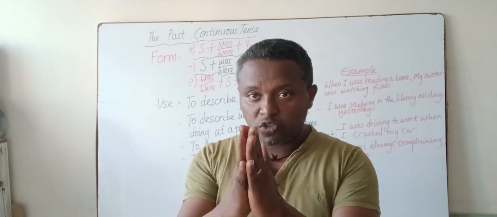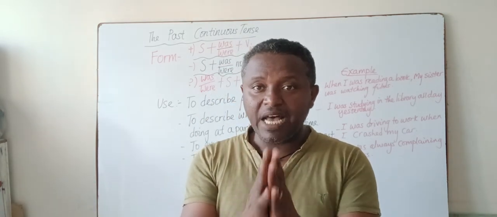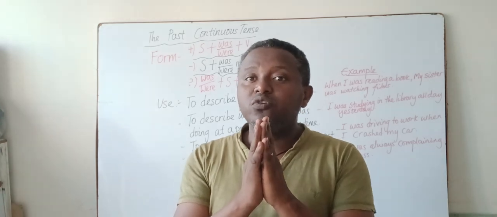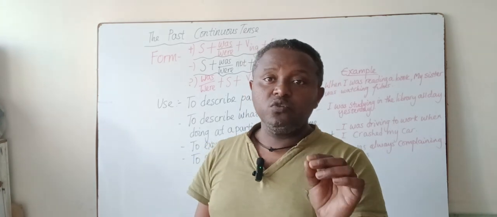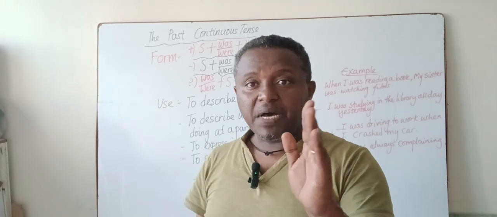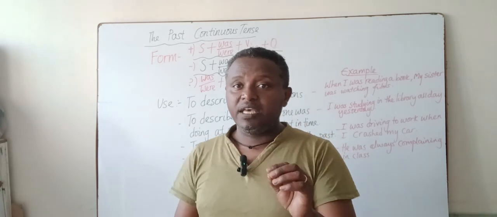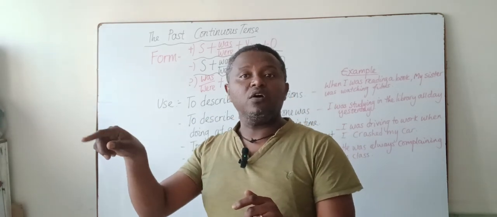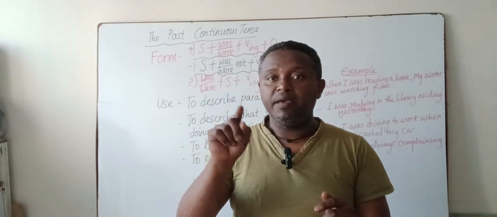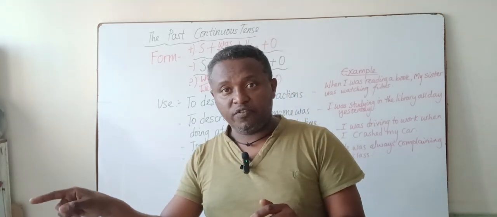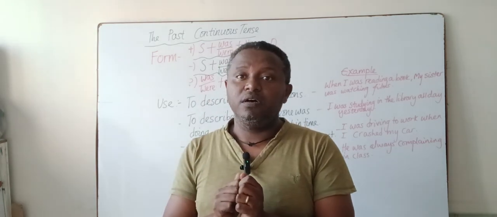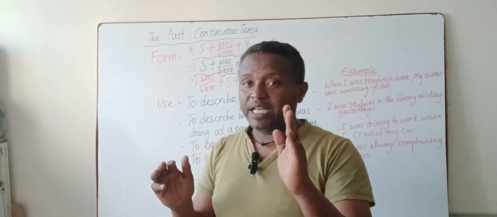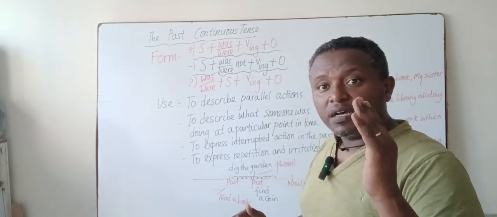And for the short verb, the action that takes shorter time, use the past simple. Like when I was walking on the road, I met my old friend. So you meet him and you continue your walk, right? So that is another function.